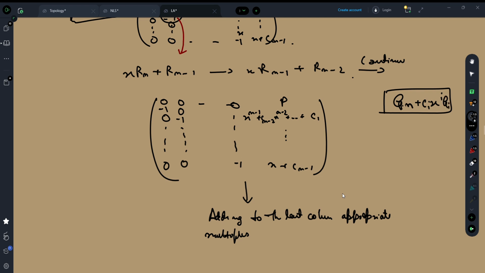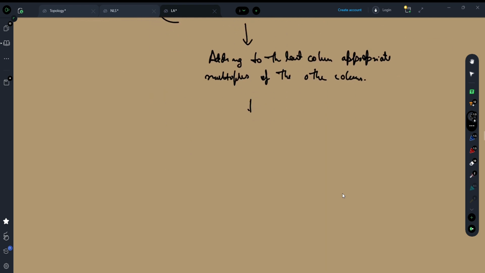Because the other coefficients we have used as small c here, so let this be capital Cn plus some Ci times x to the i of the column, whatever column you choose, it's capital C. Let me just write another index, Cj. So adding to the last column appropriate multiples of the other columns, right? This is precise.